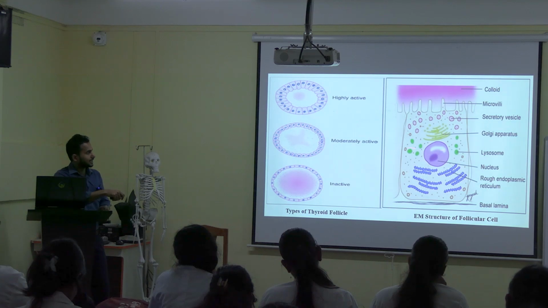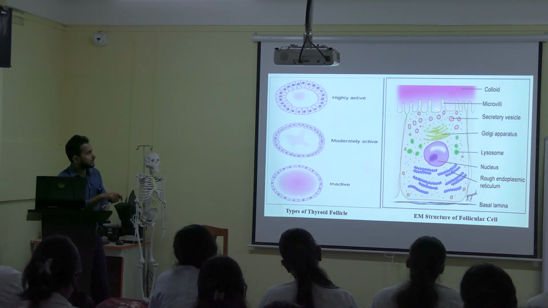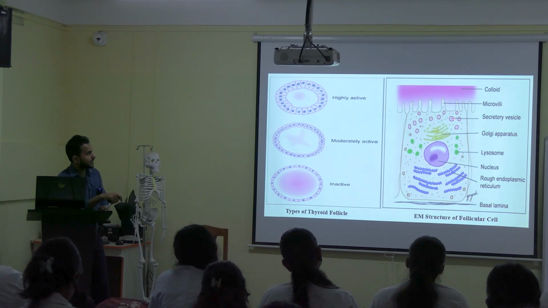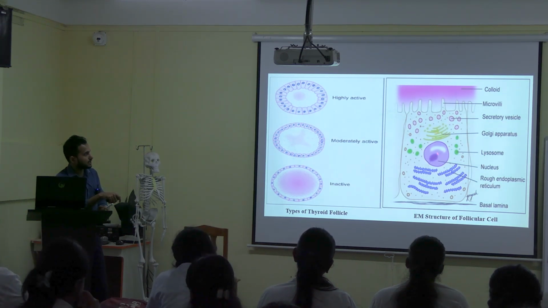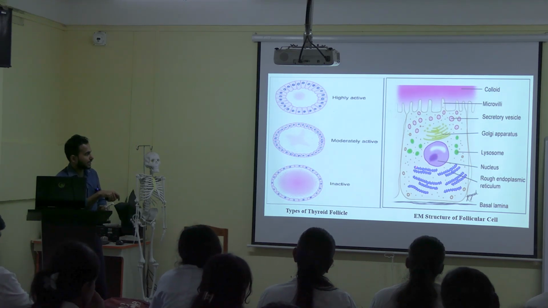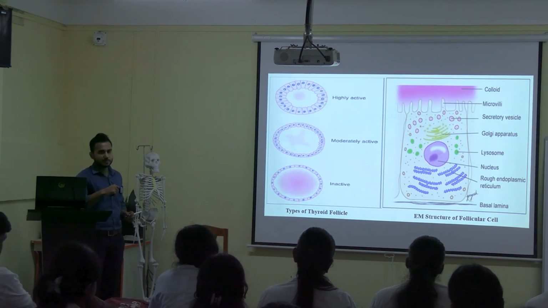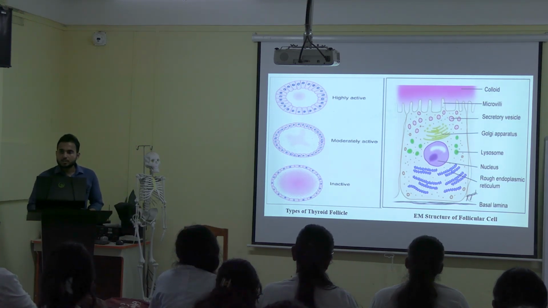Both the diagrams you have to draw in your practical notebook. Don't forget. Now here you can see the apical microvilli, secretory vesicle at the apical part. Then you can see the Golgi apparatus, lysosomes, okay, nucleus, centrally placed nucleus, and a huge amount of rough ER are present. Okay, that is the EM structure of follicular cells.